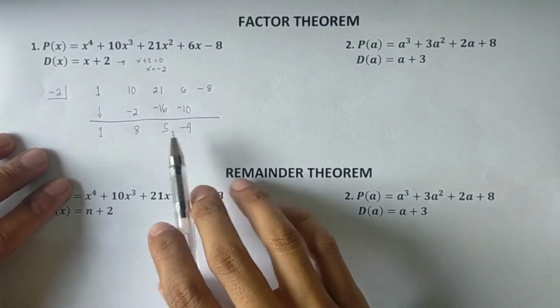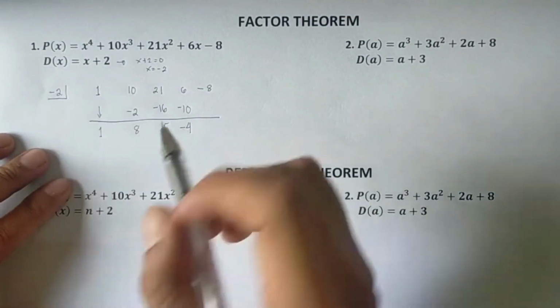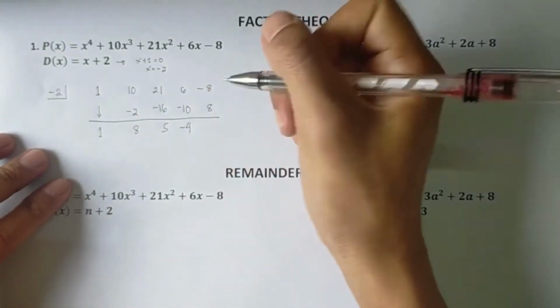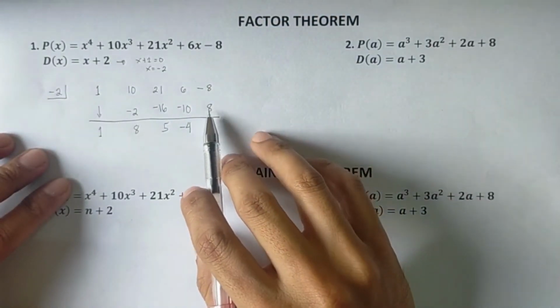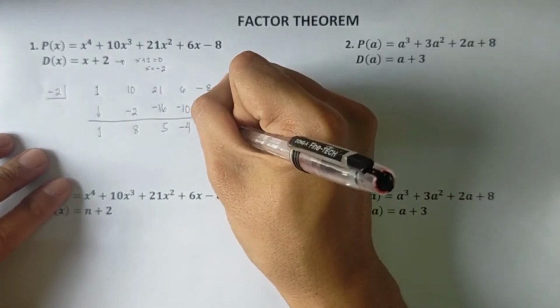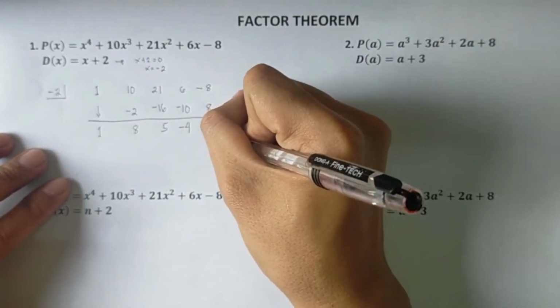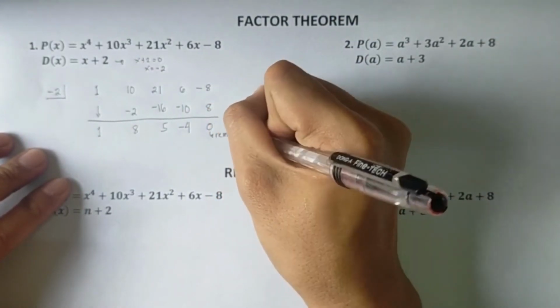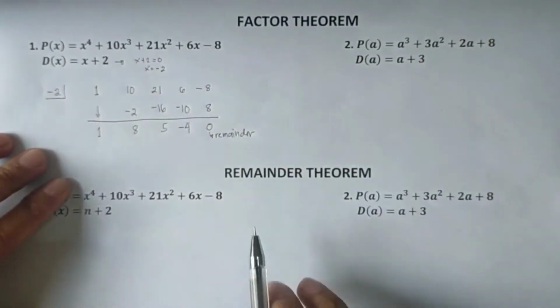Negative 4 times negative 2, that is positive 8. Negative 8 plus 8, that is 0. Here is the remainder, which is 0.